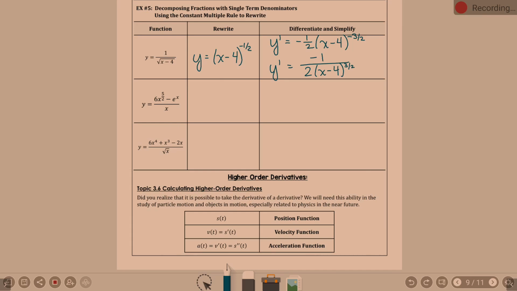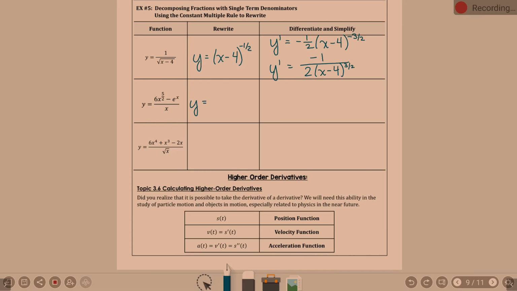What about this next one? How can we rewrite before we take the derivative? Maybe 6x to the 5/2 minus e to the x, over x.